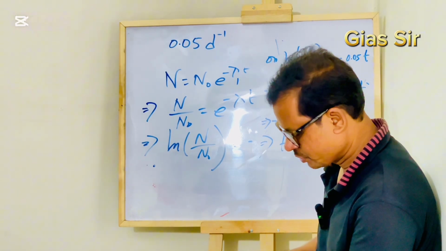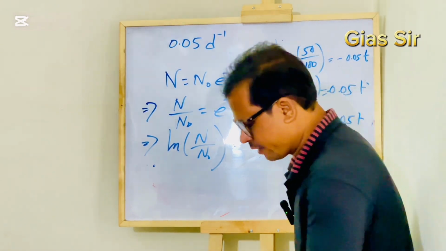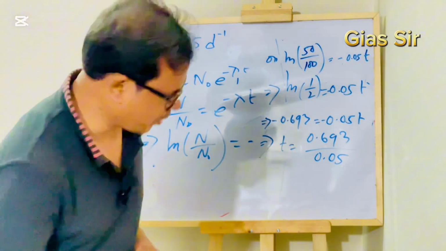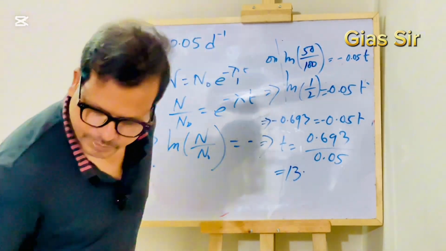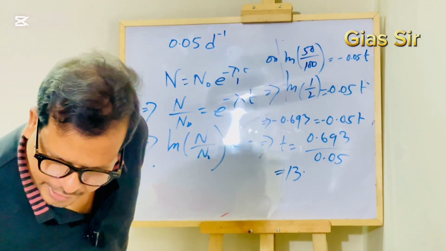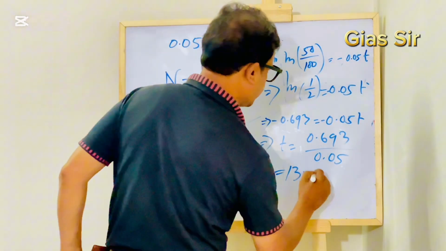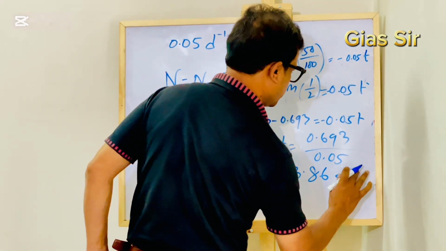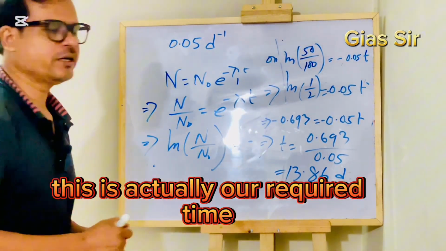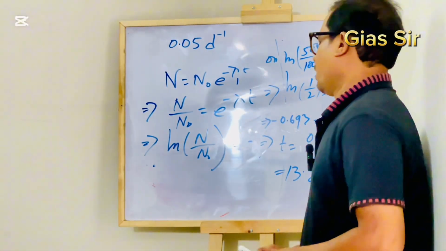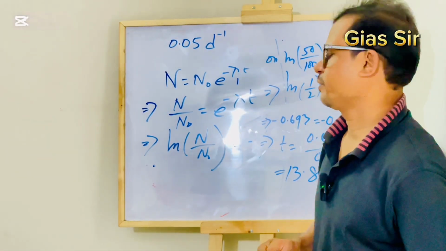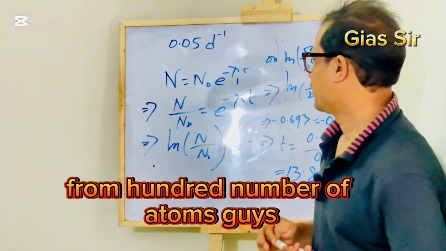How much? It's 13.86. Look, 13.86 days. This is actually our required time to go from 100 atoms to 50 atoms.